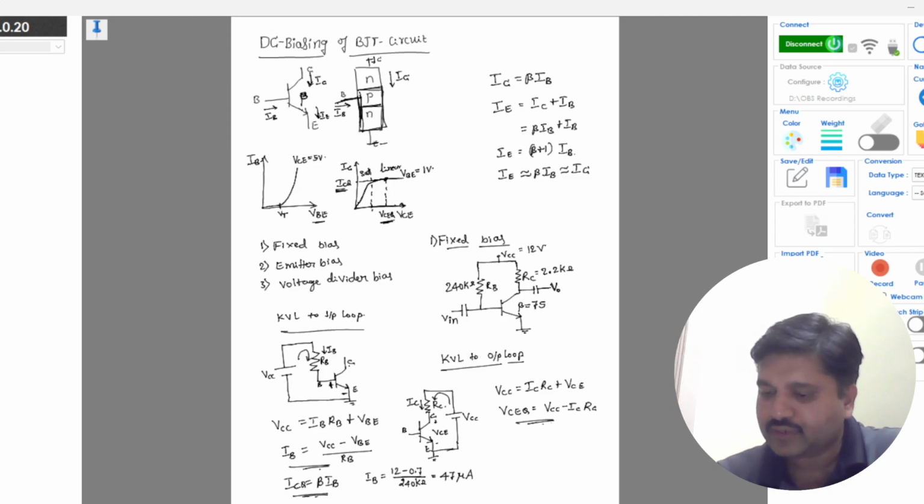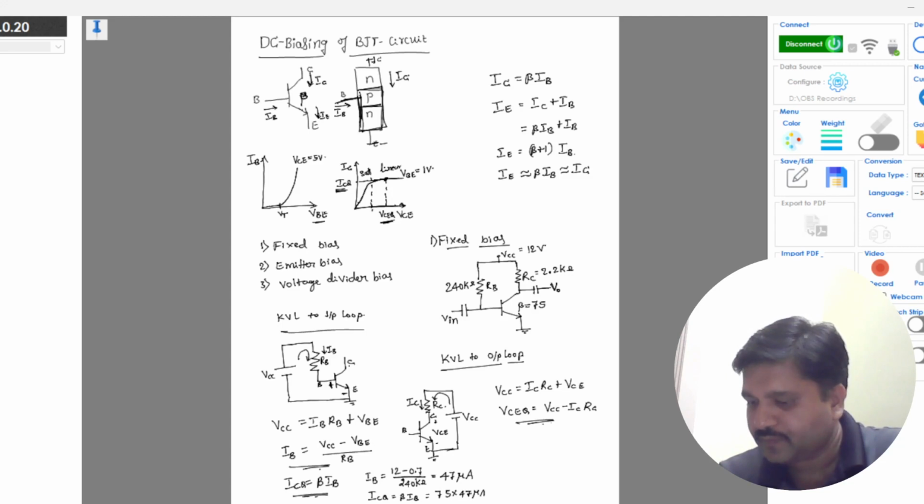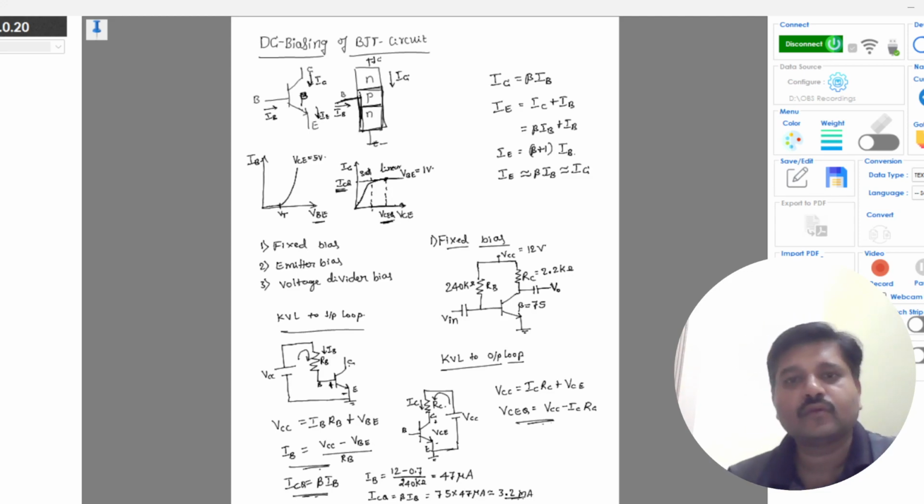Substituting this for ICQ, which is beta times IB, 75 into 47 micro, you will get approximately 3.2 milliamps.